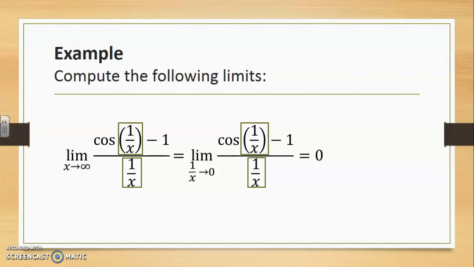We haven't seen this yet, but 1 over x actually does tend towards 0 when x becomes really big. So this would be the equivalent of our pentagon a few slides ago, where we have an angle going to 0, a divider going to 0 at the same rate.